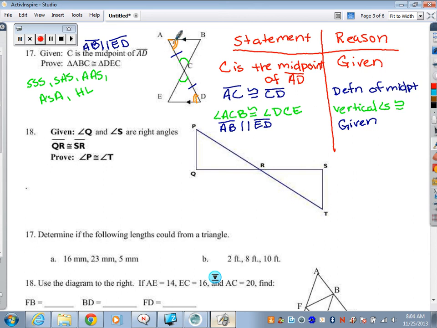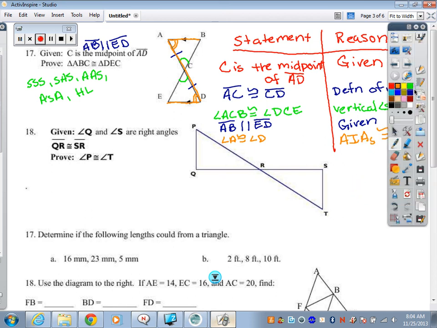So here's our parallel lines. And this is our transversal. So angle A is congruent to angle D. Why? Alternate interior angles are congruent. Now, we have enough information to prove the triangles are congruent.